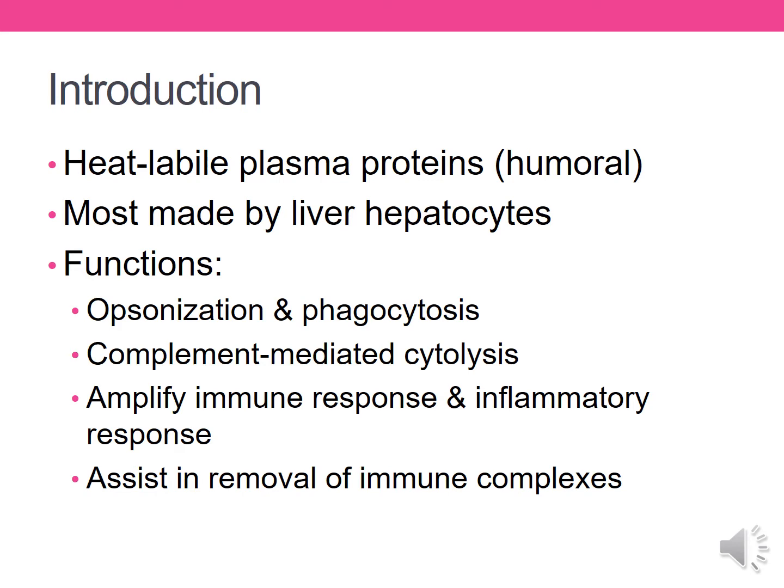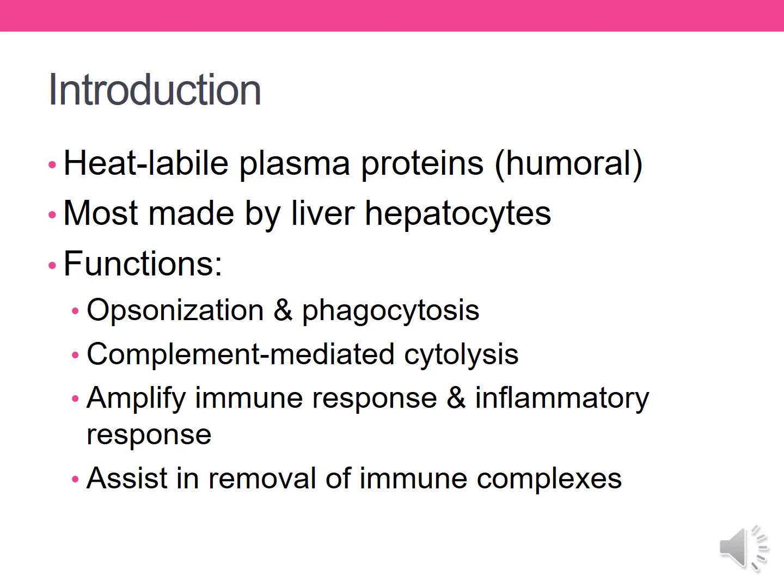The functions of these heat-labile plasma proteins are that they can be opsonins, they can help with complement-mediated cytolysis and phagocytosis, they can help amplify the inflammatory response, and they also assist in the removal of some immune complexes.